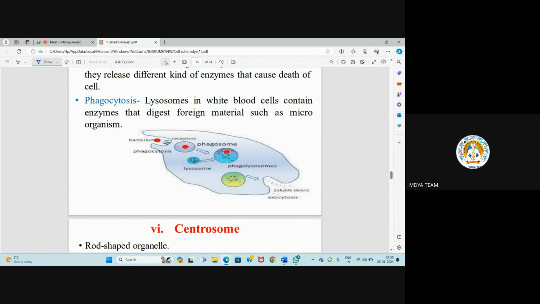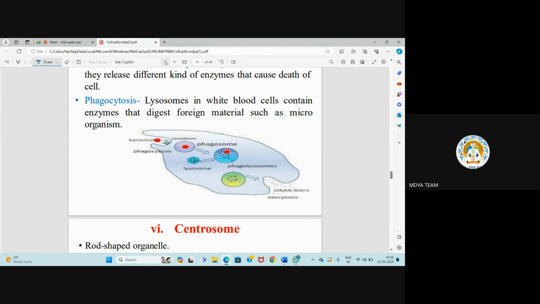Means if any foreign bacteria, any foreign virus, or any foreign material is coming inside our body, and our white blood cells are fighting with them. So, what is that fighting? The fighting is phagocytosis, means this lysosome inside white blood cells is digesting that foreign material and cleaning that foreign material. Okay, so this is the process known as phagocytosis.